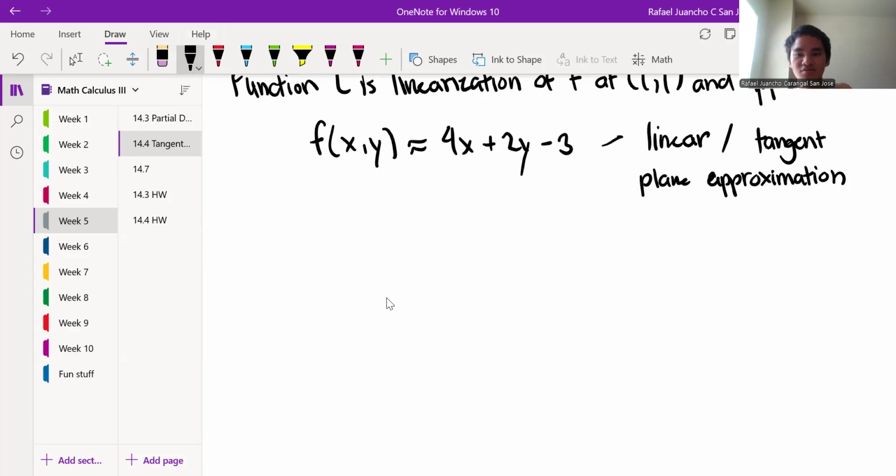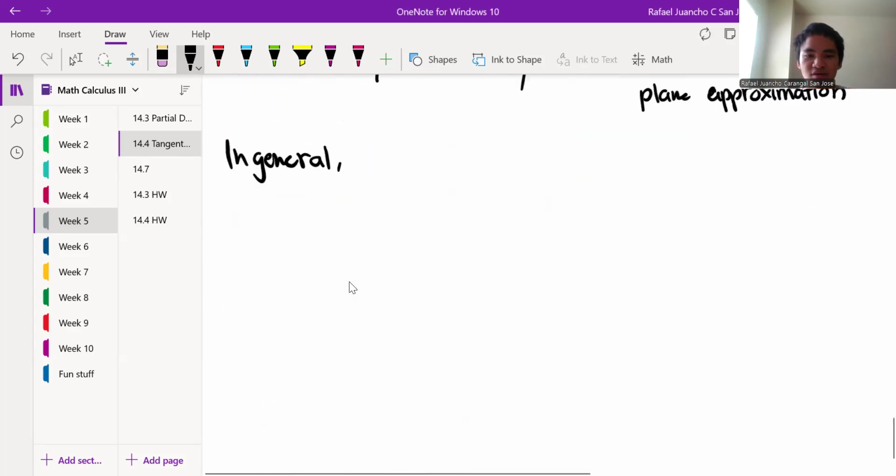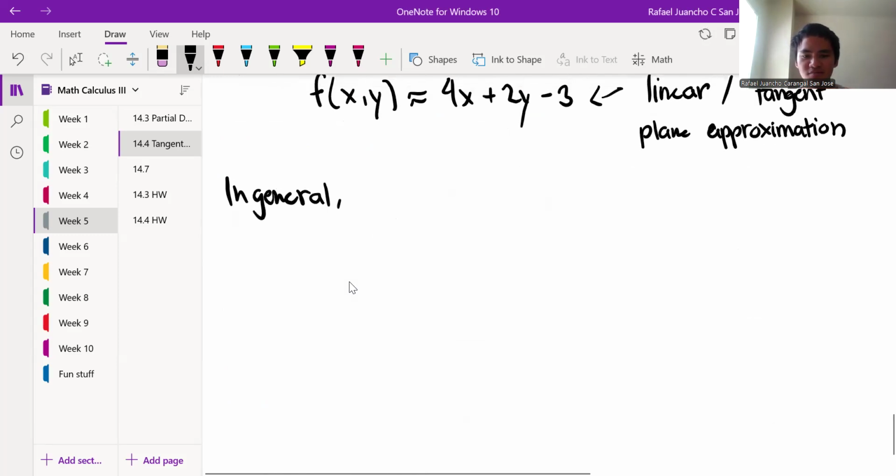So in general, we know from number two the equation of the tangent plane to the graph of a function f of two variables.